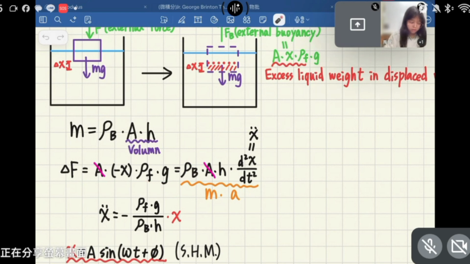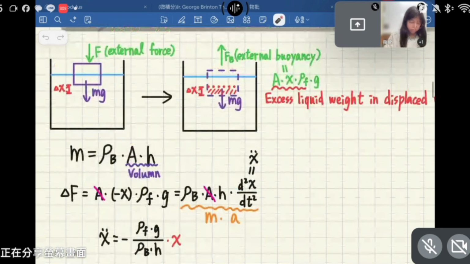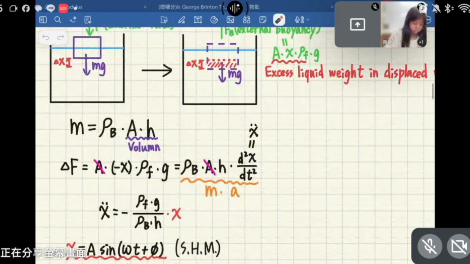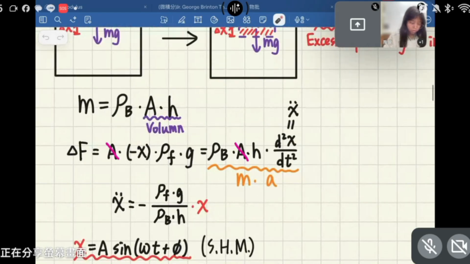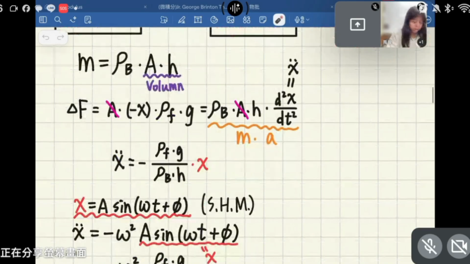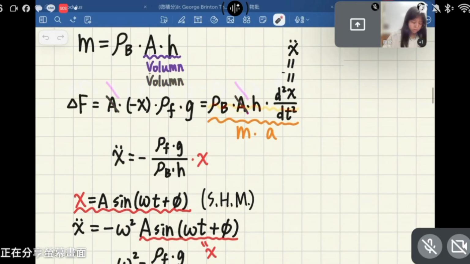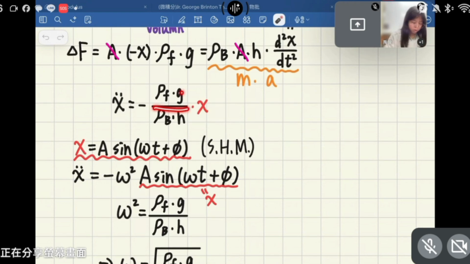Because the extra buoyancy is upward and x is downward, we represent x as negative. This equals ma, where m is ρ_B times A times h, and a is the second derivative of x. We eliminate A, and we get the second derivative of x equals negative ρ_F times g over ρ_B times h, times x.